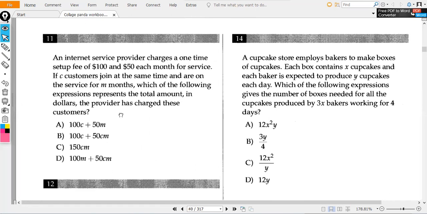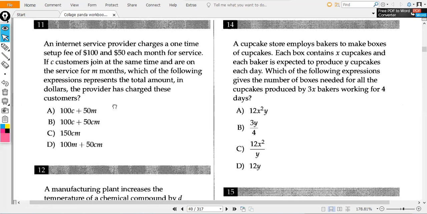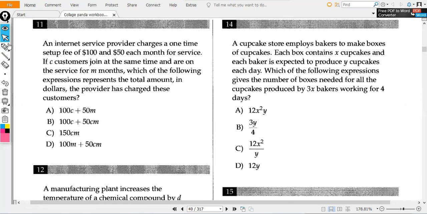Number 11. Here, I'll give you a minute. Please try to do it on your own, without using rules. Just think about it with easy logic.